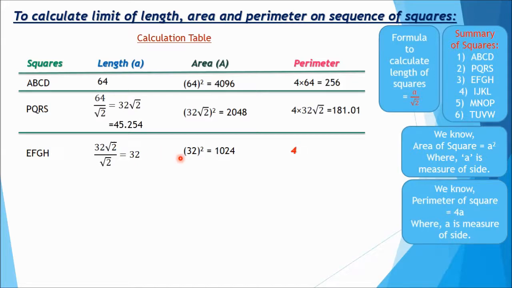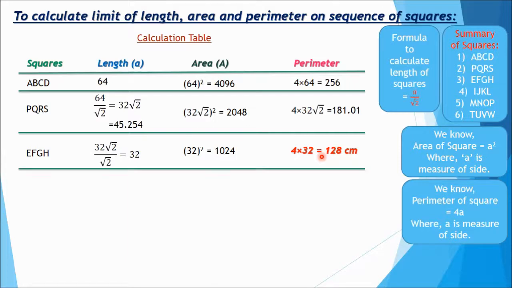Now in the same way perimeter will be 4 into 32. Why is this in red color? Because we have missed the question. In the question it is asked that we have to find the perimeter of the third figure. So the perimeter of the third figure is 120 cm. So the answer is in red color.